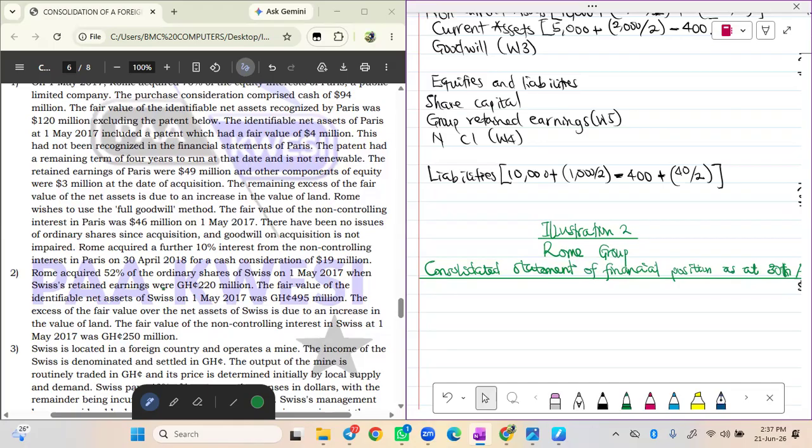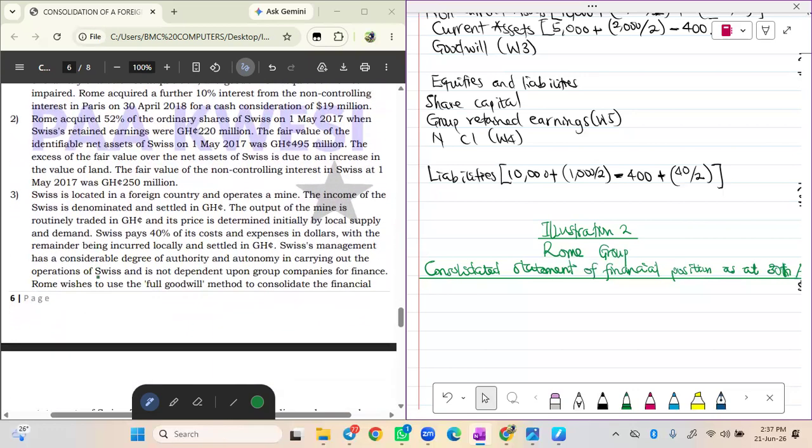2. Rome acquired 52% of the ordinary shares of Swiss on 1st May 2017 when Swiss's retained earnings were 220 million Ghana cedis. The fair value of the identifiable net assets of Swiss on 1st May 2017 was 495 million Ghana cedis.